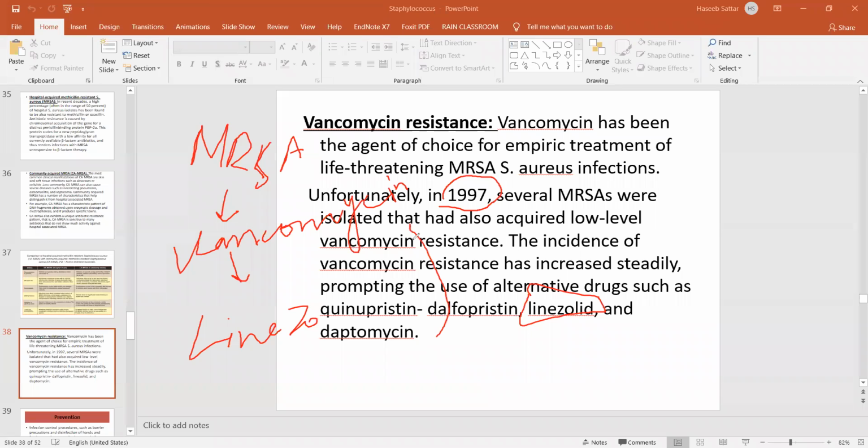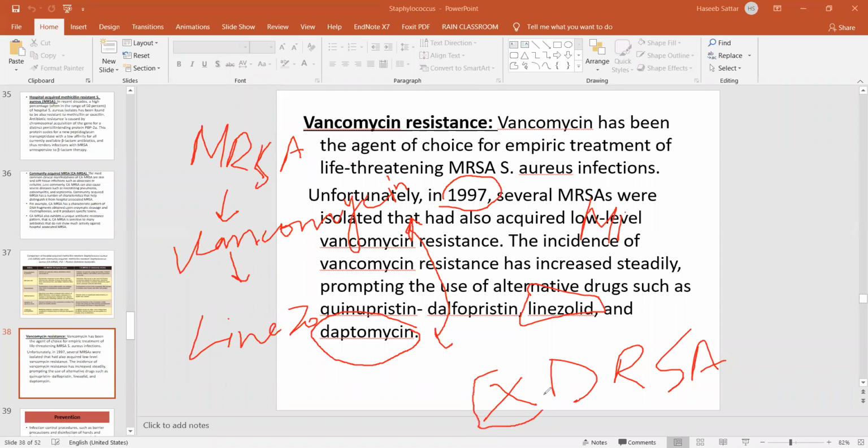Daptomycin and vancomycin are actually from the same class, both cell wall synthesis inhibitors. So daptomycin resistance has also been reported. It means that now we have XDR, extended drug resistant Staphylococcus aureus infections.